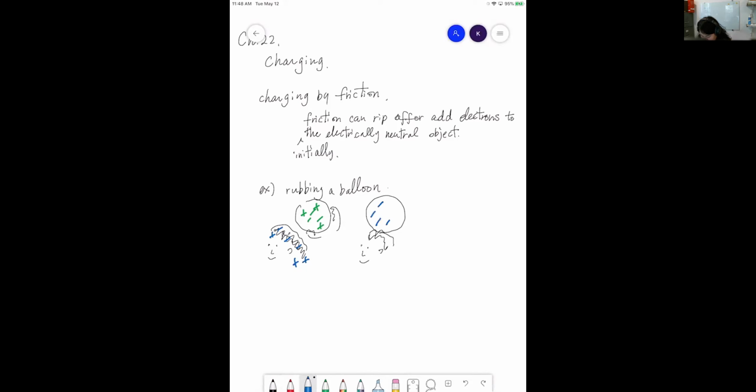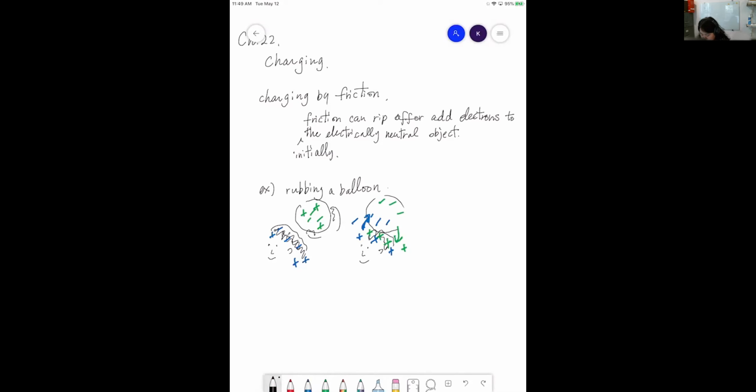So this blue has moved here, and therefore plus stays, minus moves.